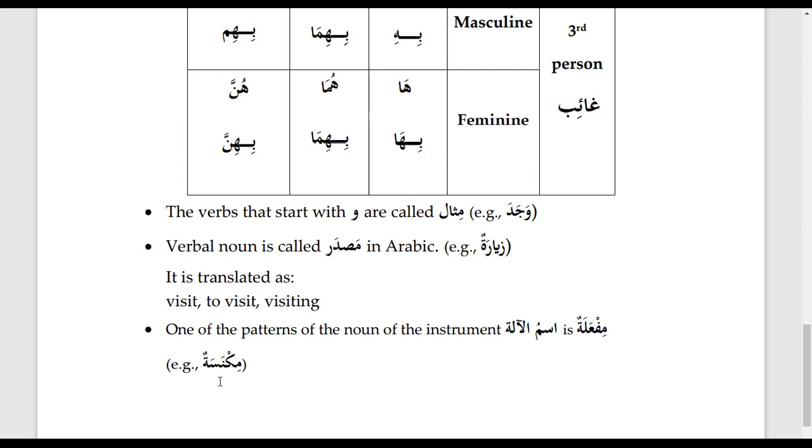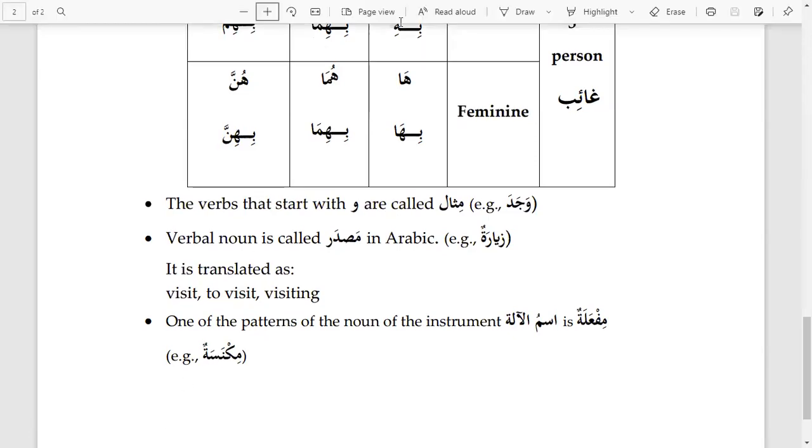And about the toilet, do you remember the example? Mirhadun. Mirhadun. So it can be either on the pattern of mif'alun or mif'alatun. It has only two patterns. As of now, inshallah, we focus on miknasatun, and then we will talk about mif'alun as well in the next lessons. Now I believe we can move on to the lesson.